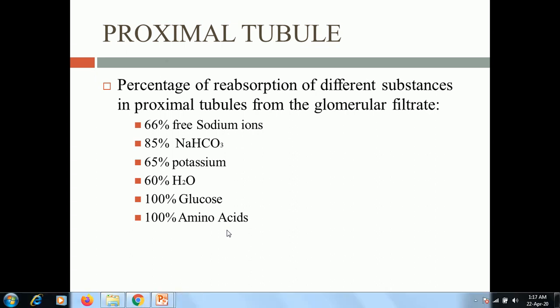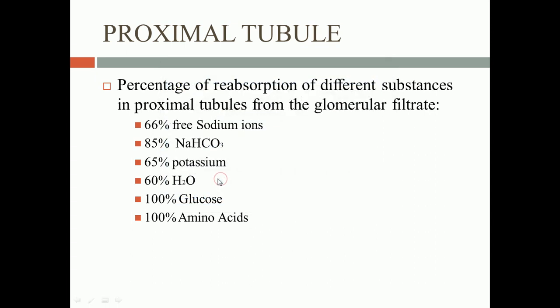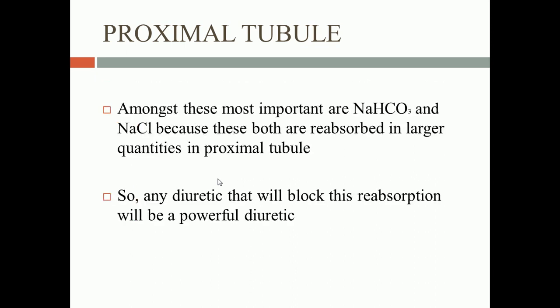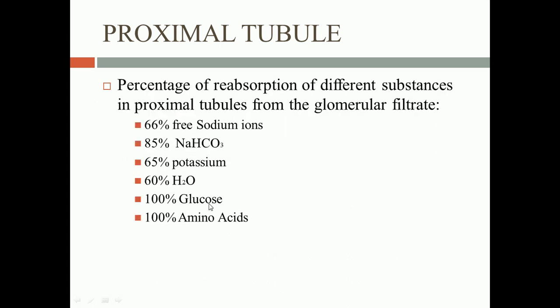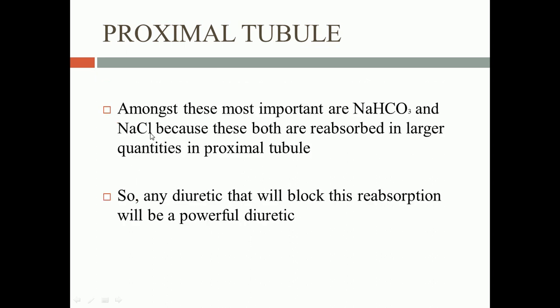So these are the percentages of substances that get reabsorbed from the glomerular filtrate in the proximal tubules. The most important are sodium bicarbonate and NaCl, because these are reabsorbed in the greatest quantity or the greatest percentage.